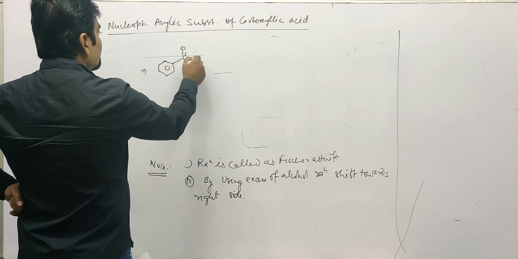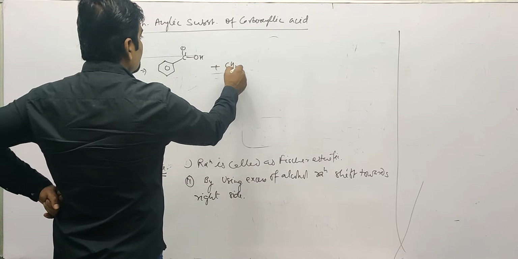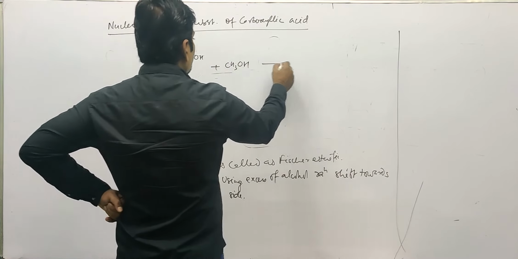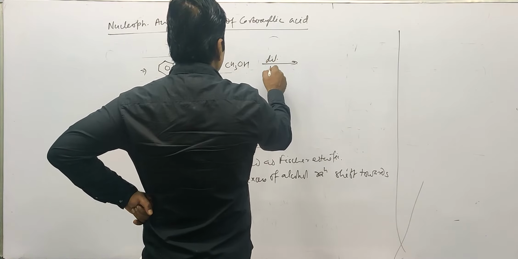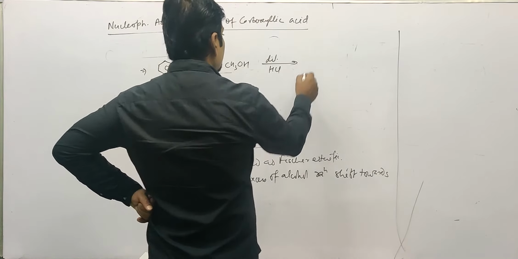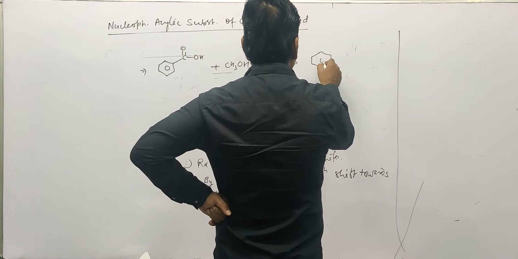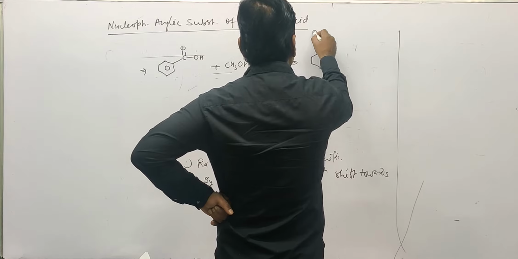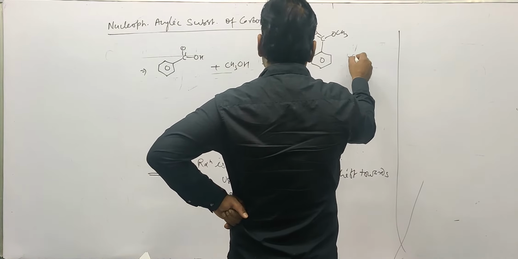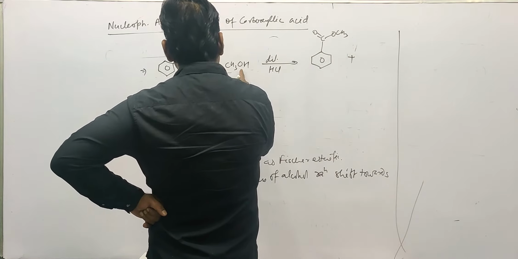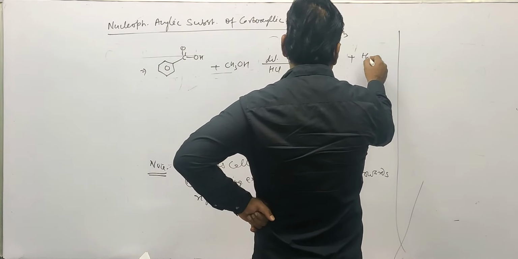This benzoic acid reacts with, let's say, methanol in the presence of dilute HCl. So what does it form? It forms methyl benzoate, C double bond O OCH3, and H2O will be eliminated.